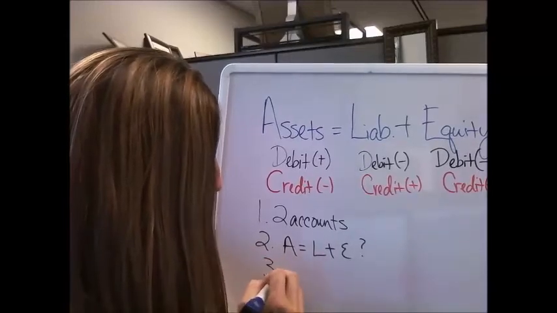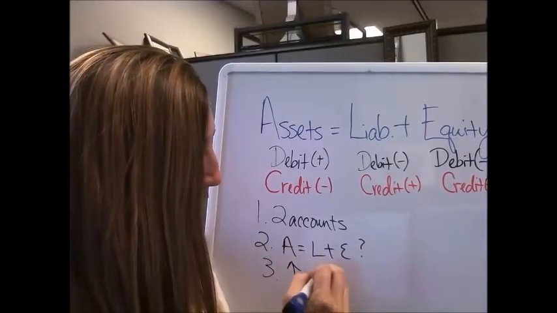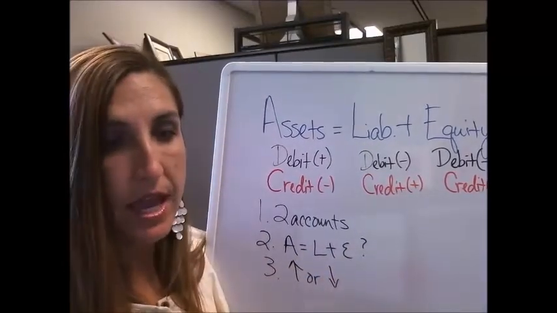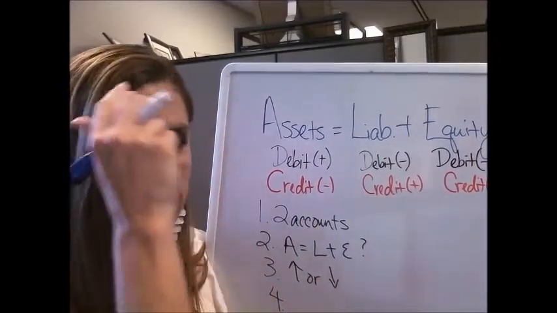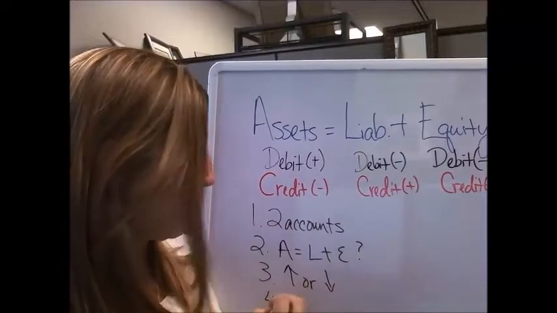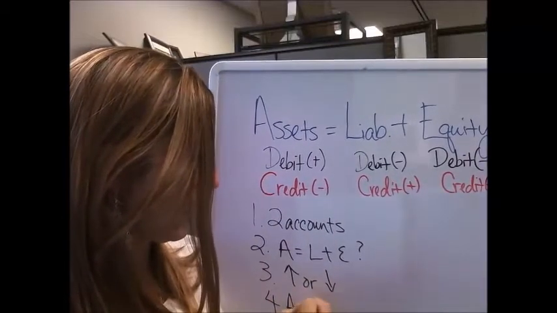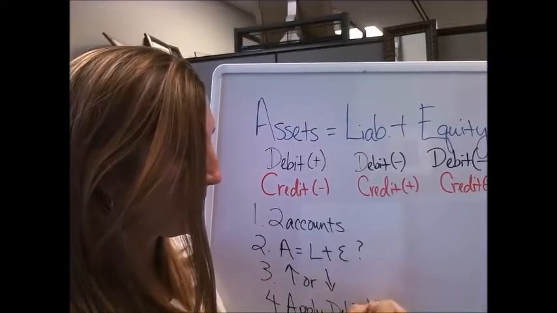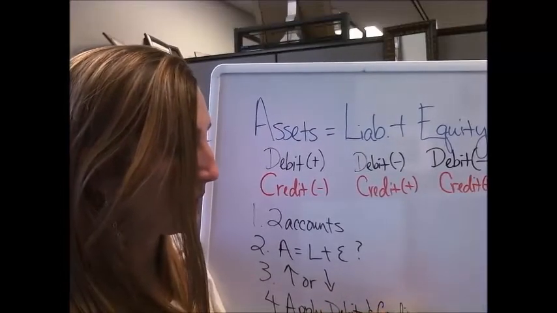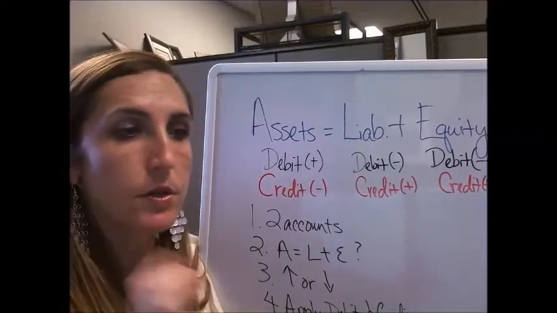Step 3, are they increasing or decreasing? And then step 4 is to apply your debit and credit. And then you make sure it balances. So let's just talk through a scenario.